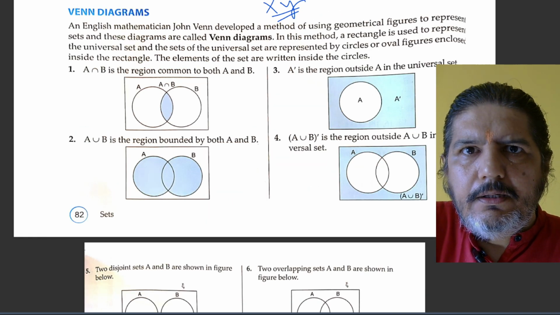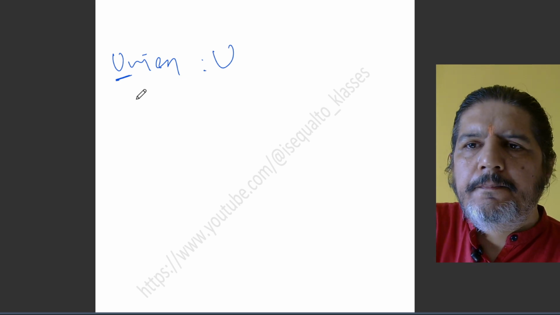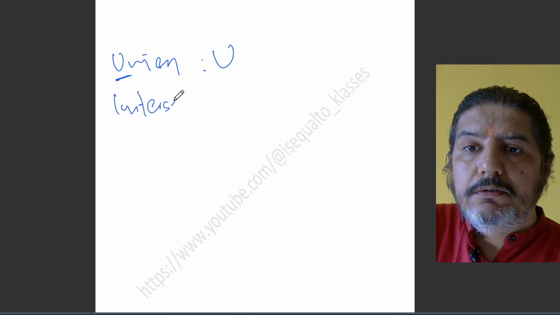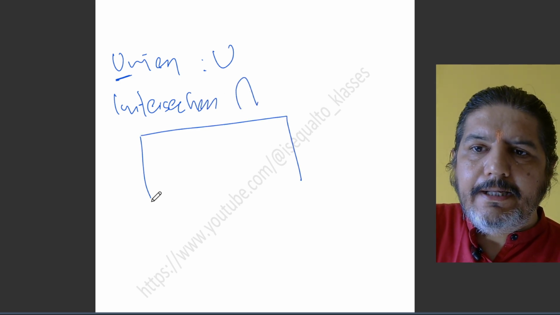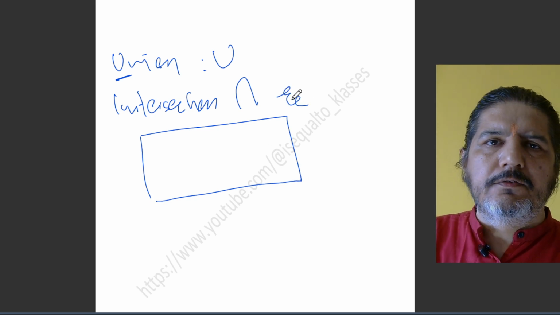The first symbol, if you don't know, we'll start from the simple thing. This is the symbol of union. The mnemonic is this is U, so this is union. Then there is intersection, and this is the symbol of intersection. Whenever I draw a rectangle like this, I'm saying this is a universal set, xi.